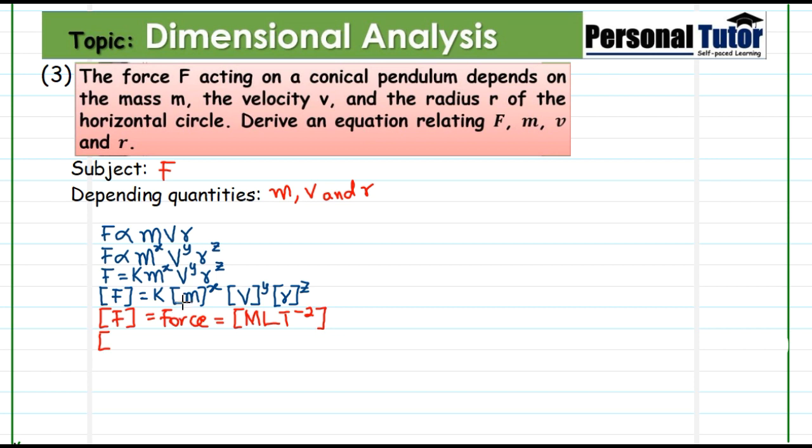Then the next is the m, which is said to be the mass. The dimensional equation is a capital M, followed by v, and this v is defined as velocity in the question.